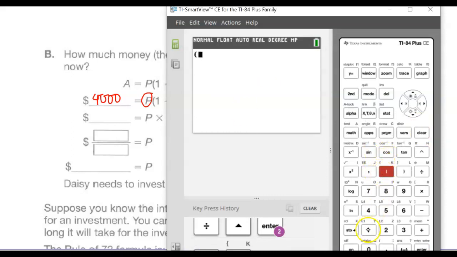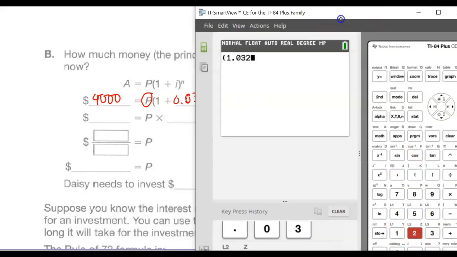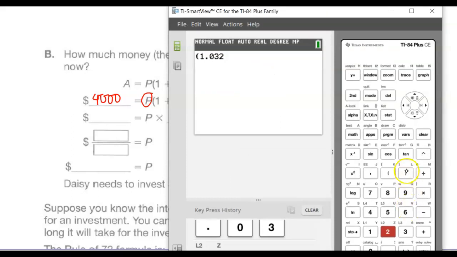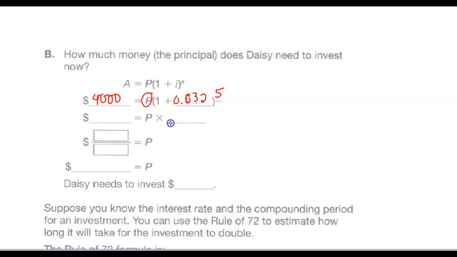So bracket 1.032, close the bracket to the exponent 5, and 1.17057. There are more decimal places, but I'm just going to show that many. So now to get P by itself, we take 4,000 and divide by that.